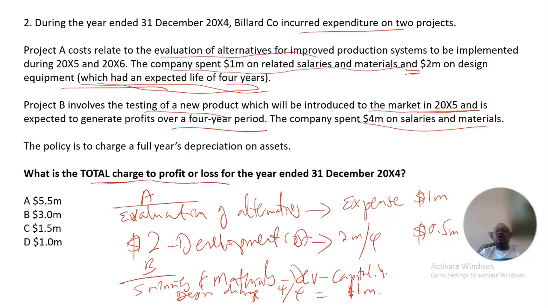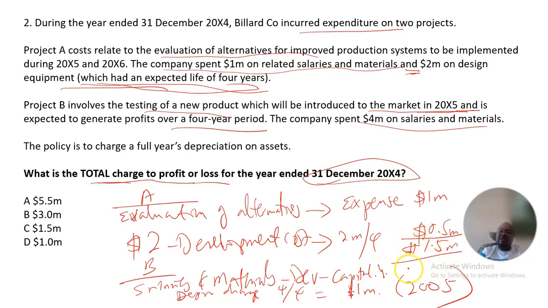So the amortization of this asset should start in 2005. So this is going to be charged in the statement of profit or loss in 2005 and not in December 2004. So if you add up, you're only going to see that 1.5 should be the total charge to the statement of profit or loss.